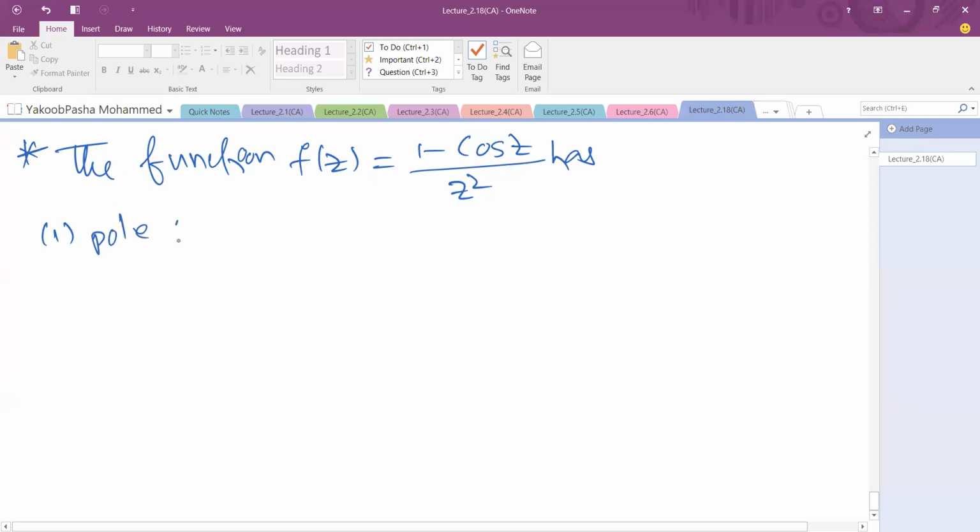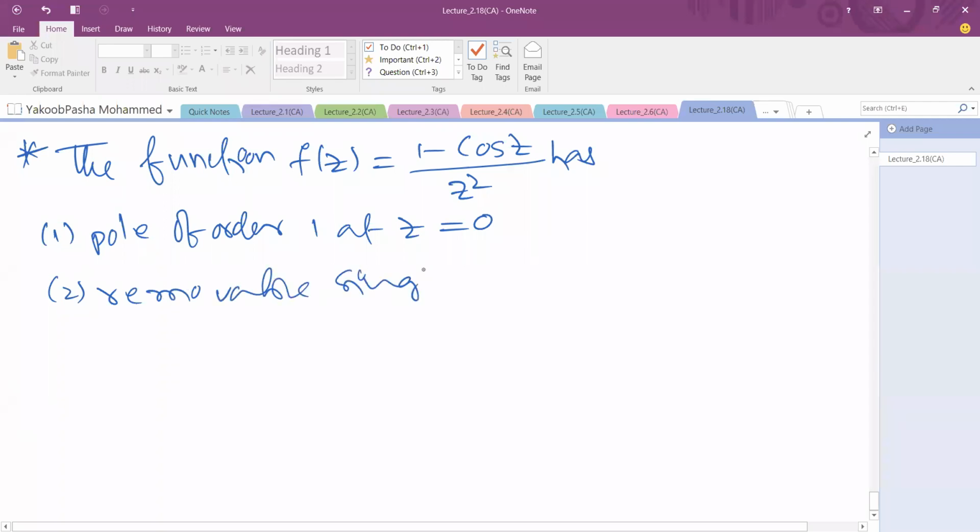First option, pole of order 1 at z is equal to 0. Second option, removable singularity at z is equal to 0. Third option, essential singularity at z is equal to 0.